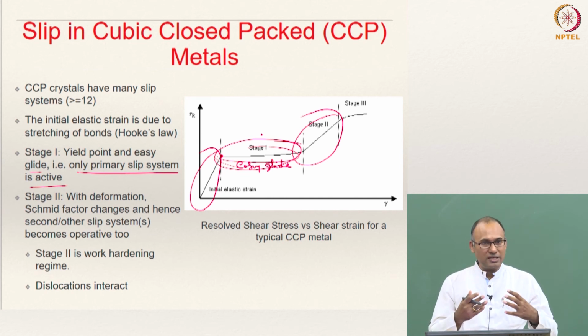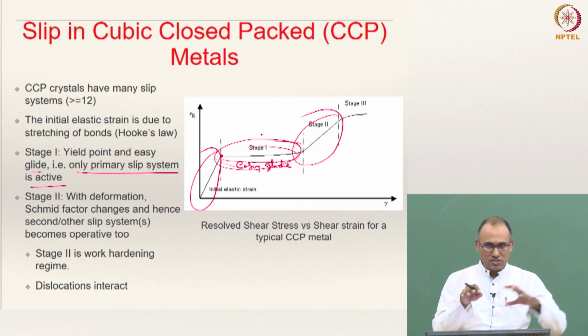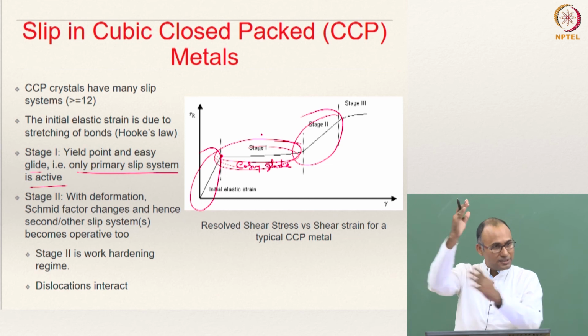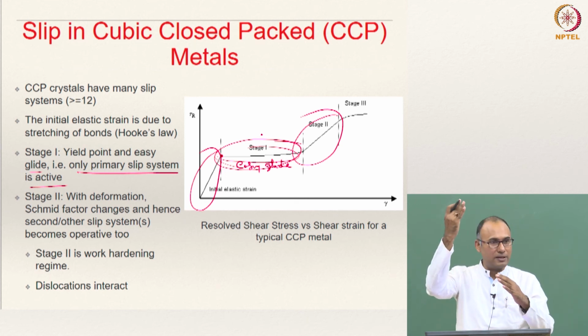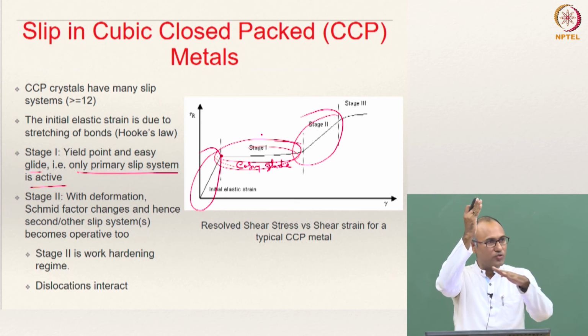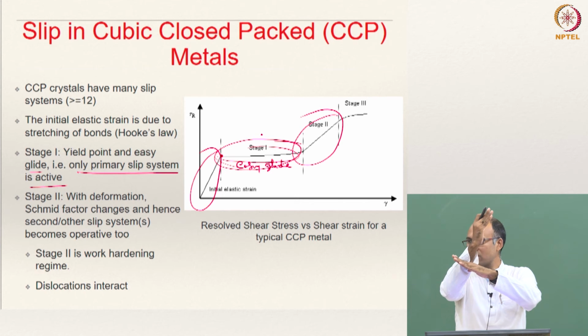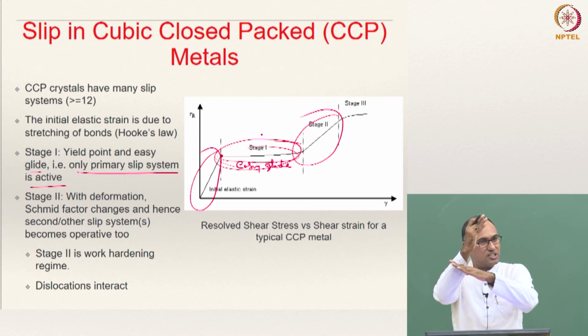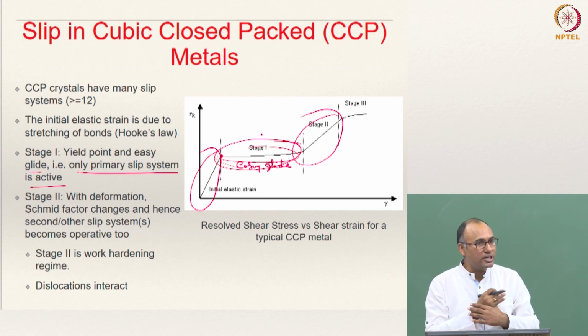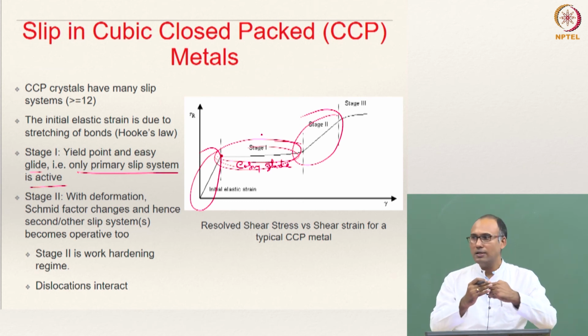it is very likely that several dislocations in parallel planes or in other planes intersect: the dislocation in one plane moving this way and the other dislocation moving, and both of them intersecting. So dislocations on different planes can intersect, dislocations on the same plane can intersect, and all of them are going to hinder further slip.